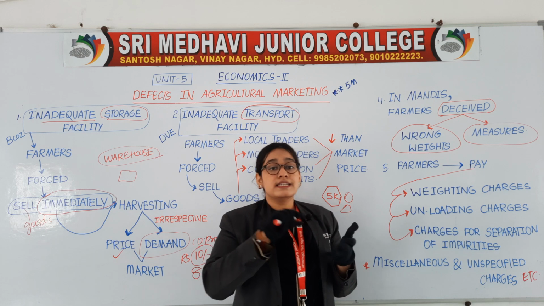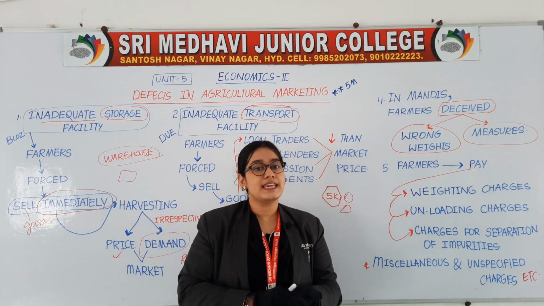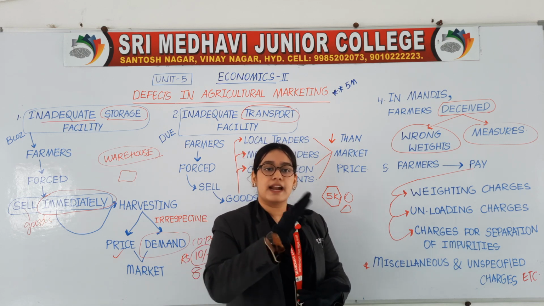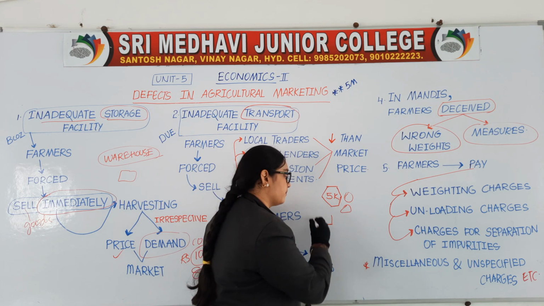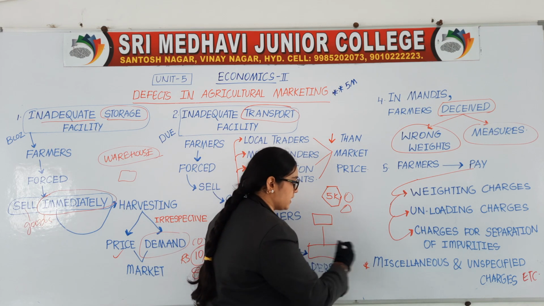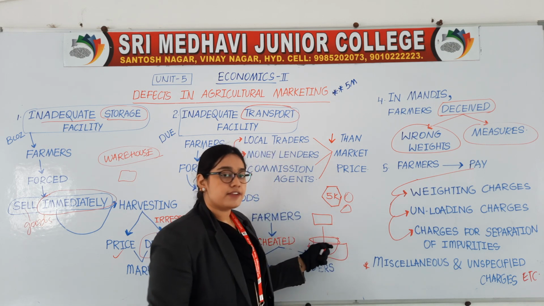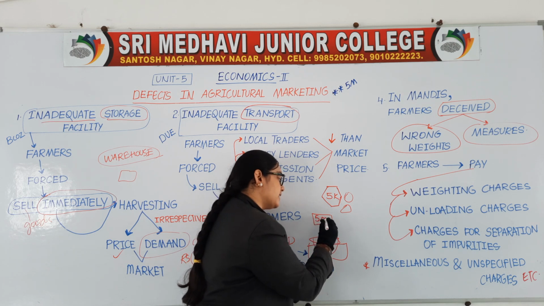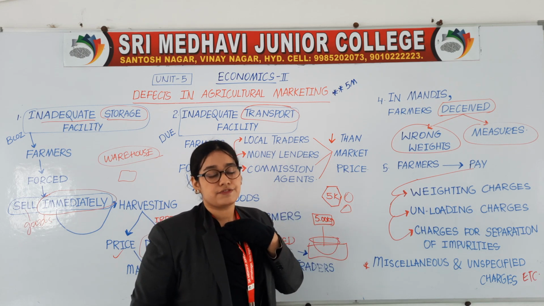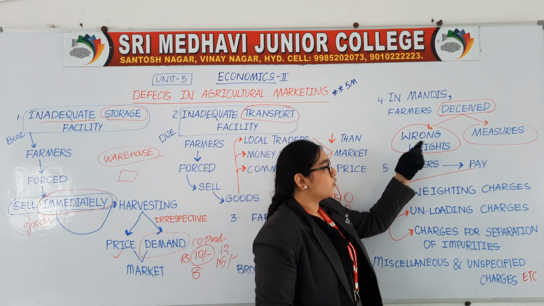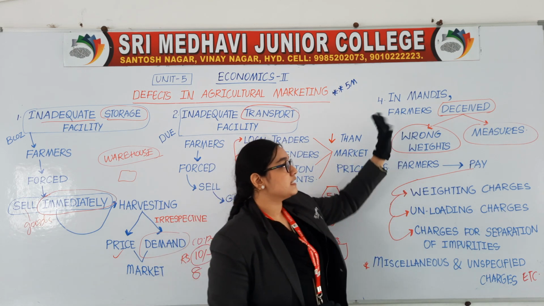In that also certain settings are done by these persons. So however much we keep, it will show that much weight only. If I keep less than 5 kg of vegetables, it is less than 5 kg, but here it is showing 5 kg. That means we are getting deceived, we are getting cheated by wrong weights and measures used by the sellers in the mandis.